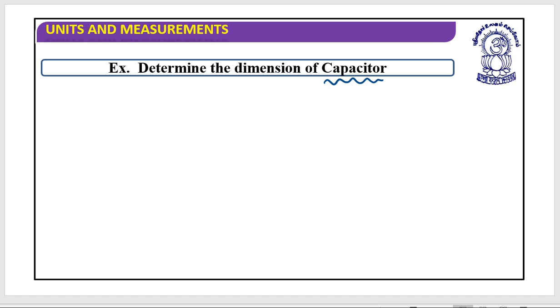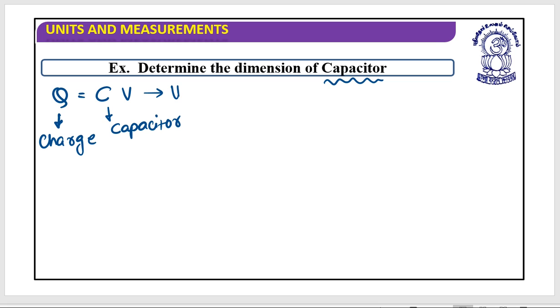How? First, let us learn the relation for the capacitor. It is Q is equal to CV. Q is the charge, C is the capacitor, V is the voltage.